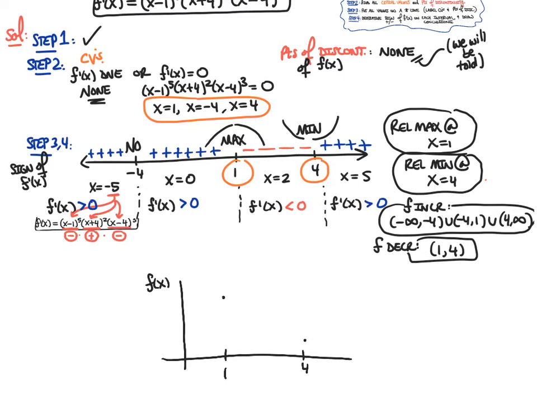So we do know that it's going to come up to a max, it's going to come down to a min, it's going to go off like this, and then at minus 4, it's a critical value, so it must kind of level off there but continue to decrease. So this would be a picture of our f of x, and this is going to be where we're going once we finish this analysis.